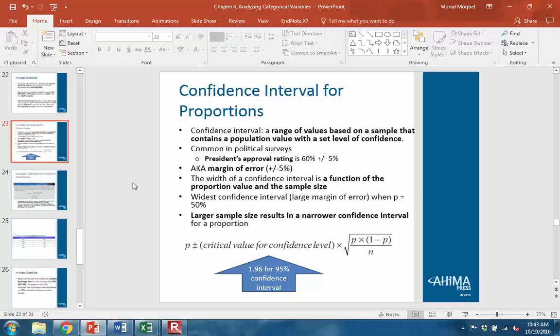However, if we have a proportion from one sample at hand, and we want to find out if there is a significant difference between the sample proportion and a standard proportion that is somewhere else, then we will use the one sample z-test for proportion. So that was the third step.